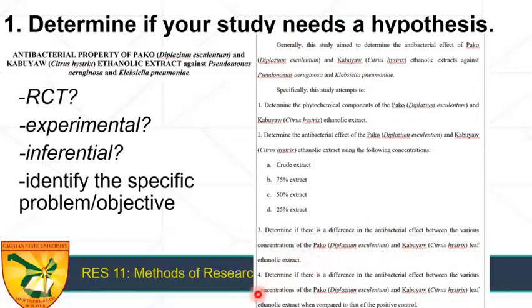Number 4 wants to determine if there is a difference in the antibacterial effect between the various concentrations of pako and kabuyao ethanolic extracts when compared to that of the positive control. So take note of these numbers, number 3 and number 4. After determining if your study needs a hypothesis, like this one, I can see this is experimental.